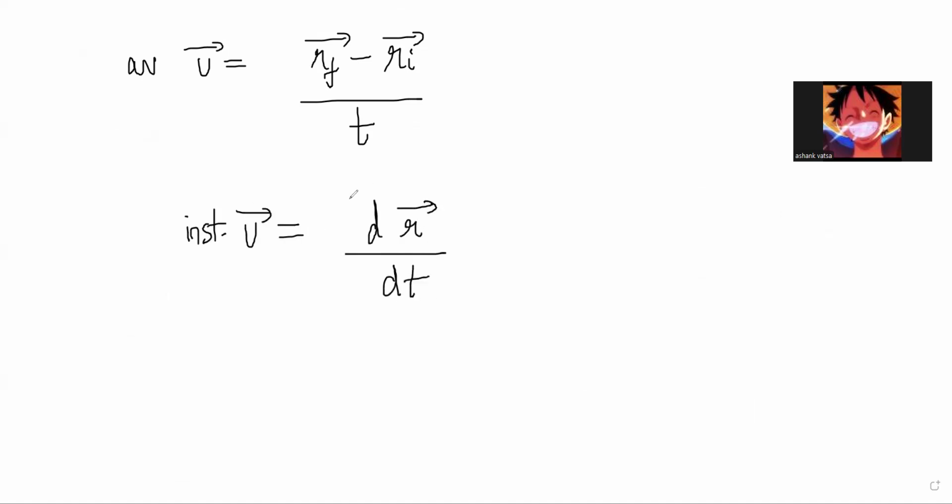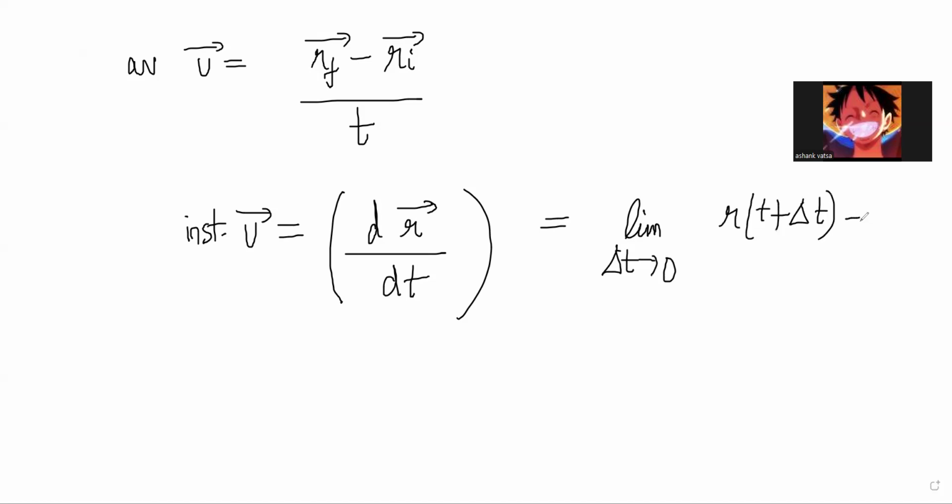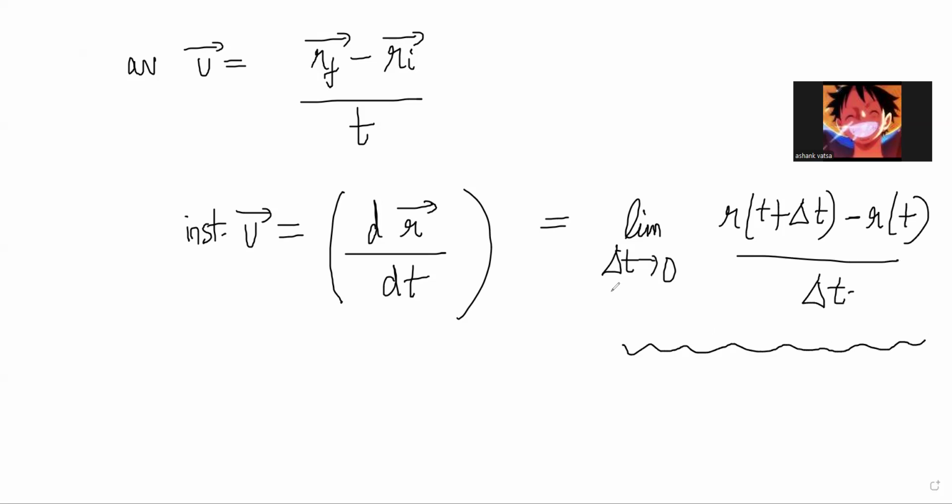You have to differentiate the position of the point with respect to time. Basically, this means the limit of delta t tends to 0 of r(t plus delta t) minus r(t), divided by delta t, which is the definition or meaning of a derivative.